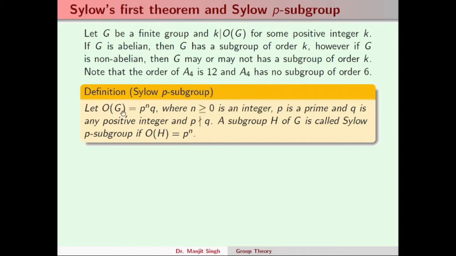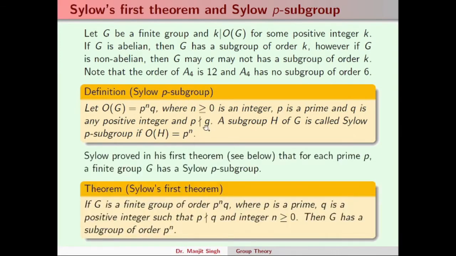If G is a finite group of order P raised to power n times q, where P doesn't divide q, the positive integer q, P is a prime, n is a non-negative integer, so P^n divides the order of G and P^(n+1) doesn't divide the order of G, then the subgroup of order P raised to power n is known as a Sylow P-subgroup.